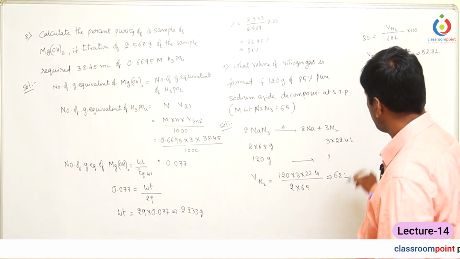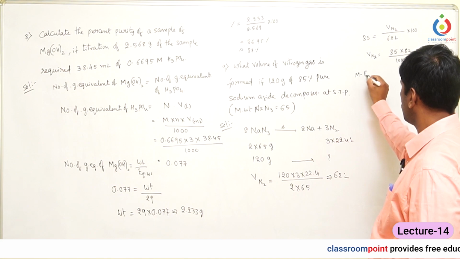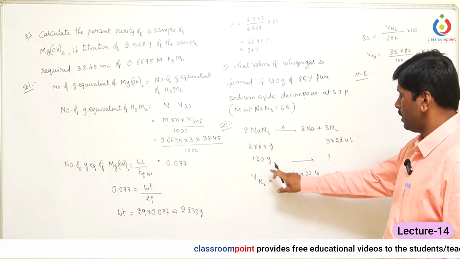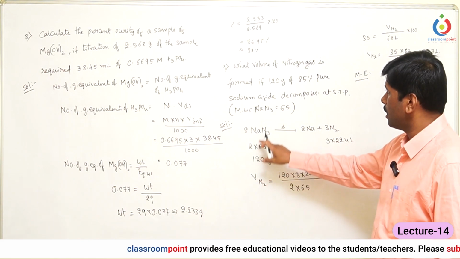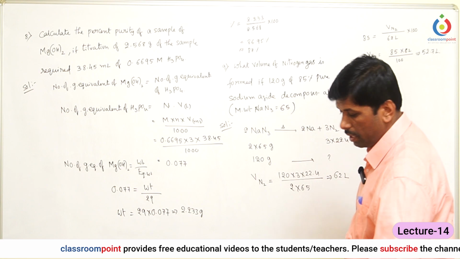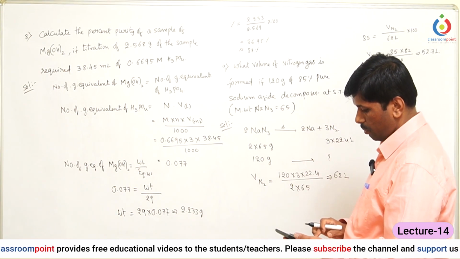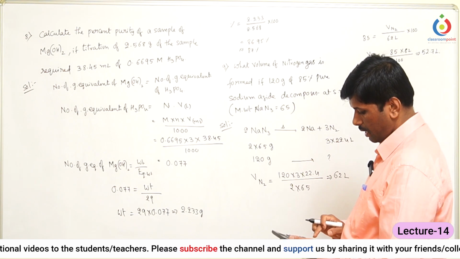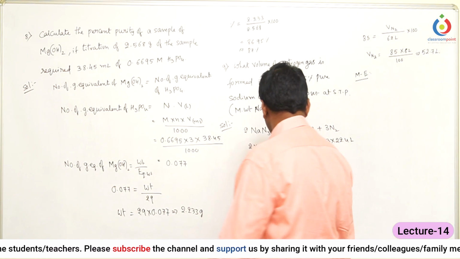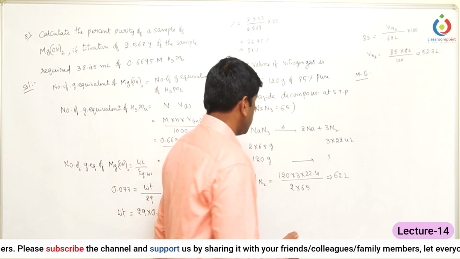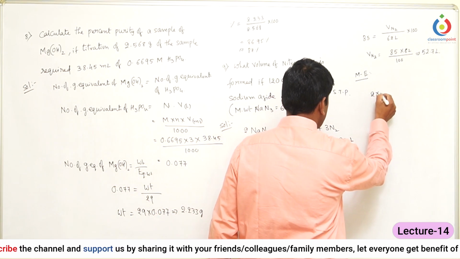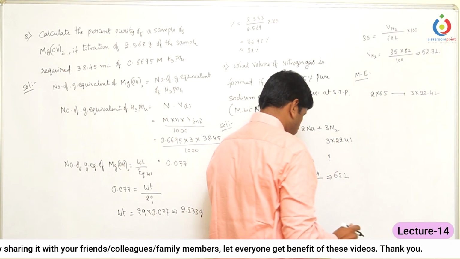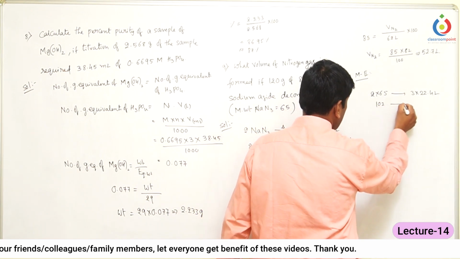As I said, let us use method 2 also, to solve this question without using this formula, the intermediate method. See here, first of all, you have to calculate out of 120 grams how much is participating. Only 85%, which means 120 into 85 divided by 100. That means 102 grams is participating. If you go for method 2, then 2 into 65 grams produces 3 into 22.4 liters. Then 102 grams produces how much?